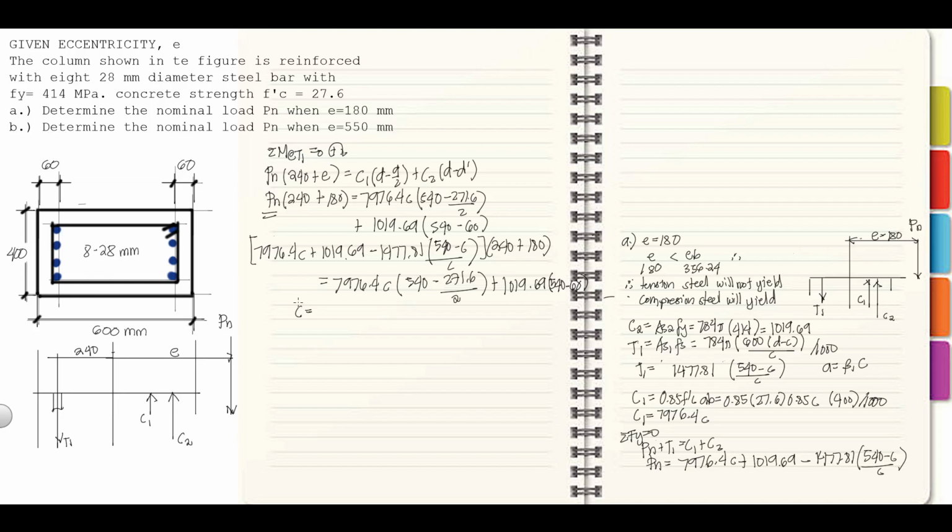Equate natin sa 7976.4 C times 540 minus 271.6 all over 2.